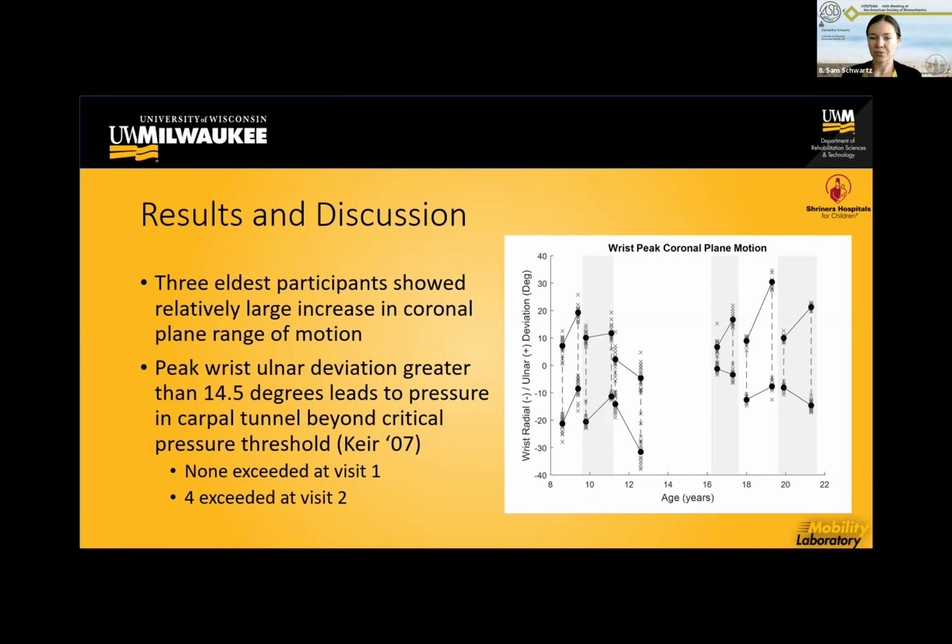And similar to the sagittal plane, peak wrist ulnar deviation greater than 14.5 degrees has been connected to pressure in the carpal tunnel beyond a critical pressure threshold. However, none of our participants exhibited this at their first visit, yet 4 exceeded this threshold at their second visit, which could be related to a potential of developing carpal tunnel syndrome in the future.